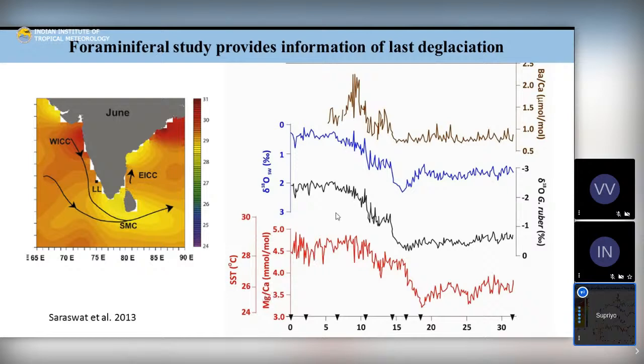For example, it has been proposed that this kind of sudden change was triggered by the ice rafting events in the North Atlantic region. So because of these different sensitivities, these proxies show some difference in the results.